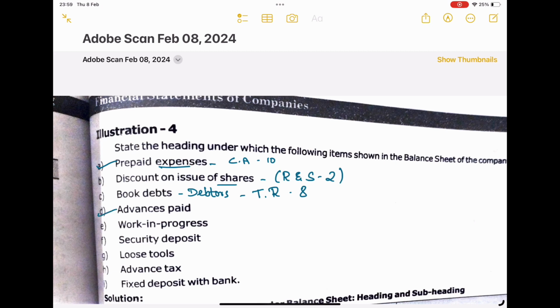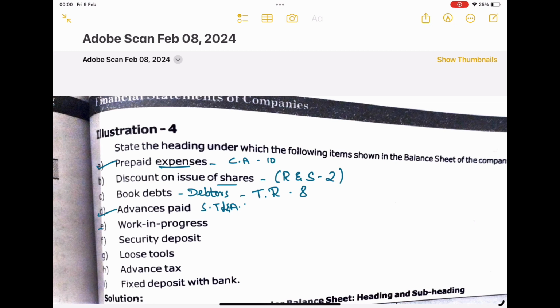Advances paid is also related to current assets only. For that we have a separate heading, short term loans and advances. In that we can directly write. Okay, next, work in progress.